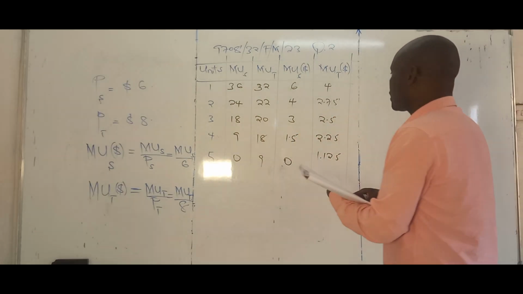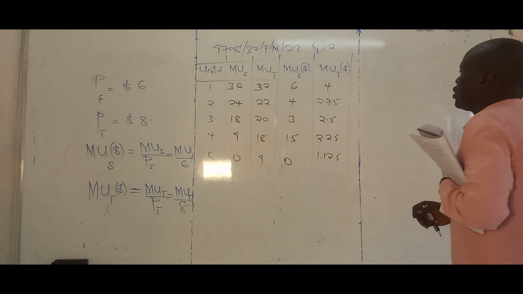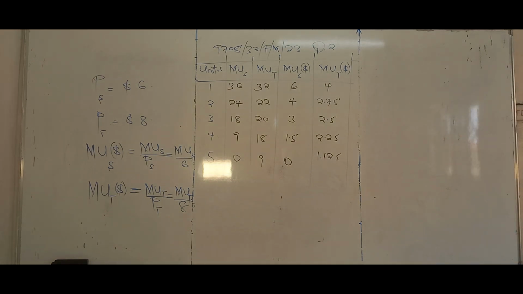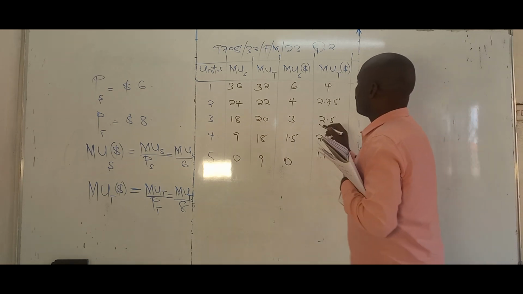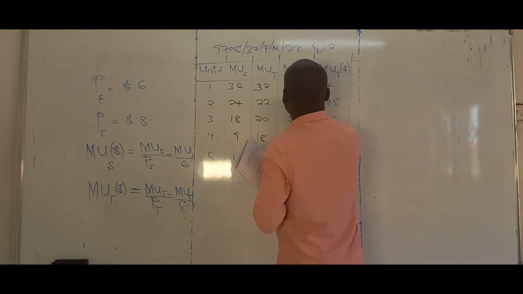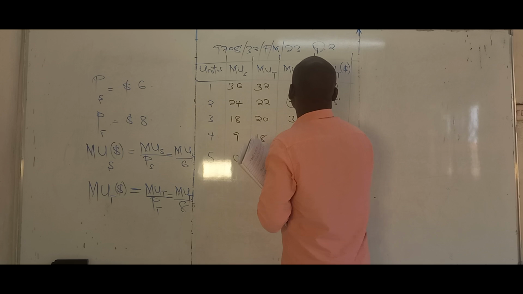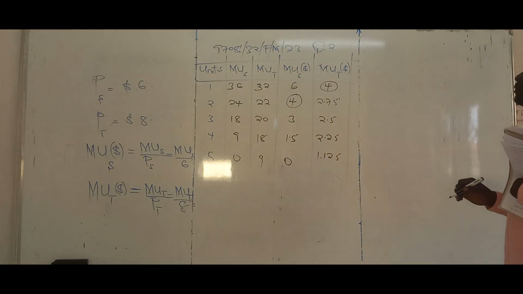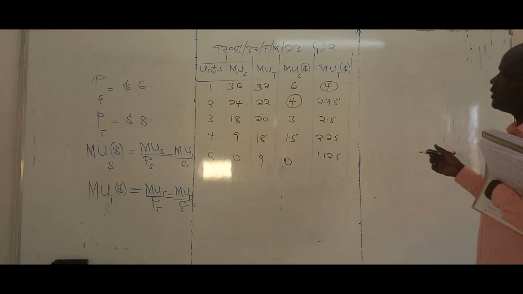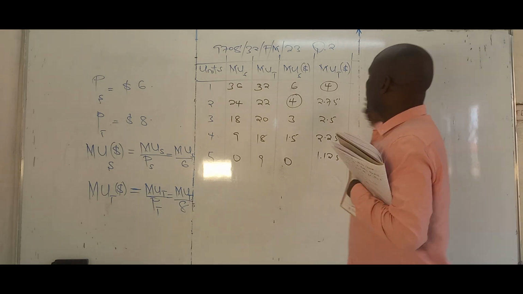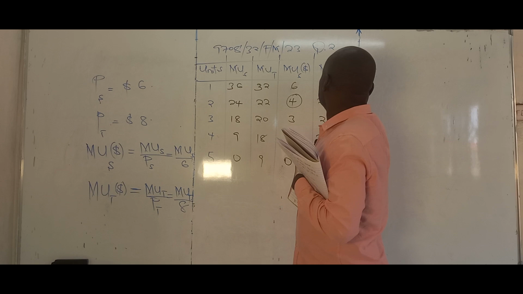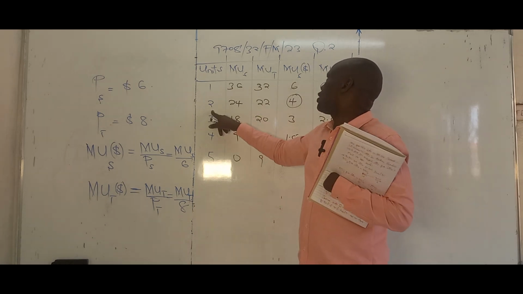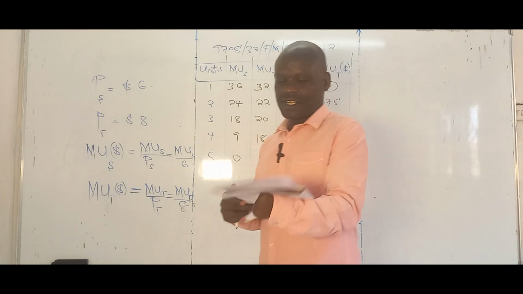So we see that we have 4 here and we have 4 there. That should then mean consume 1 unit of T and 2 units of S.